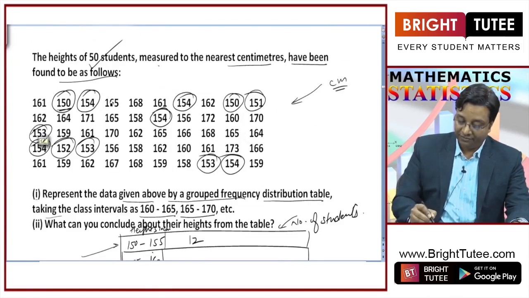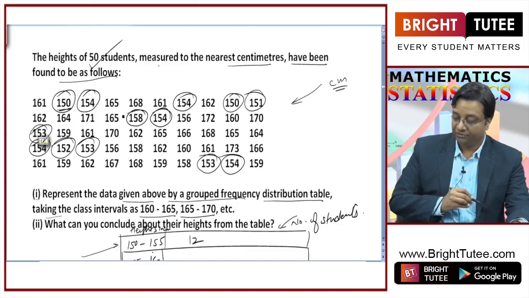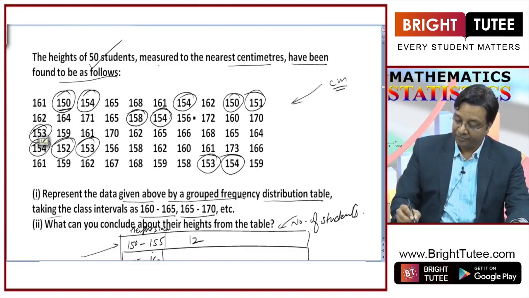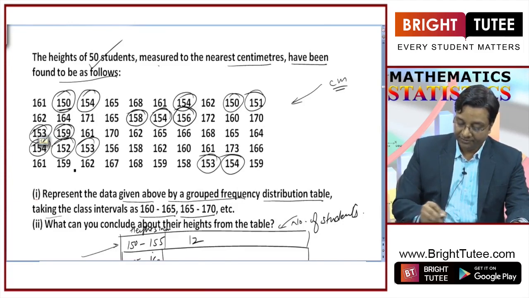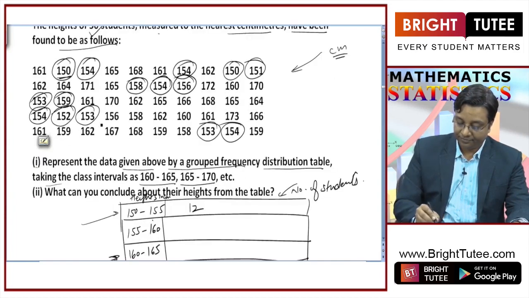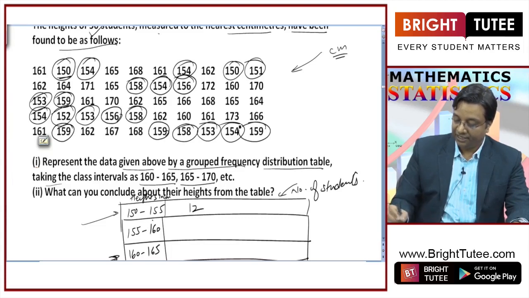So 155, there is this number which is between 155 to 160. 2, 3, 4, 5, 6, 7, 8 and 9.